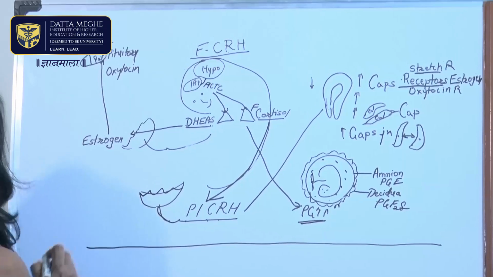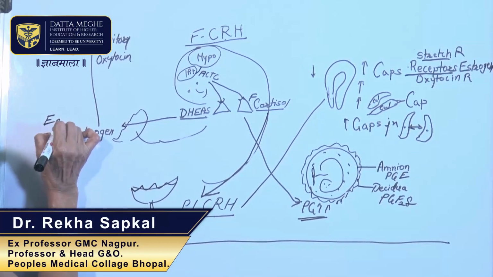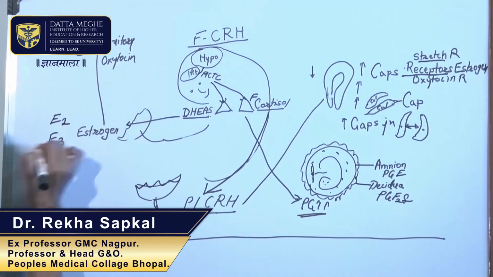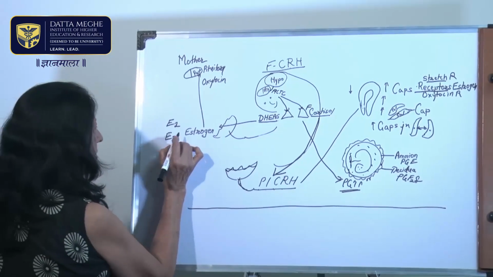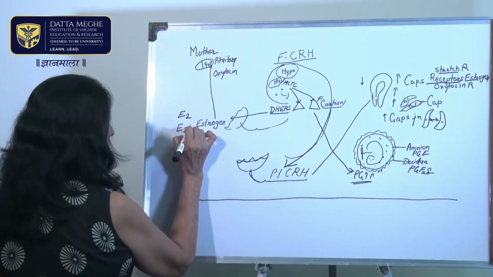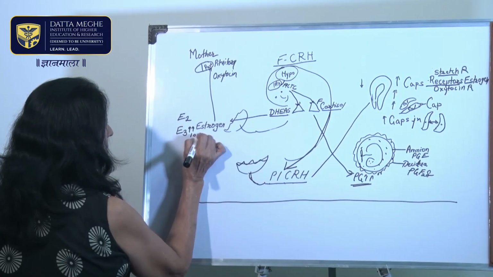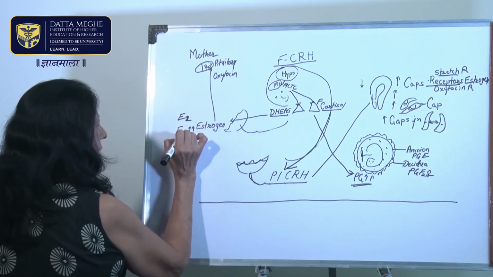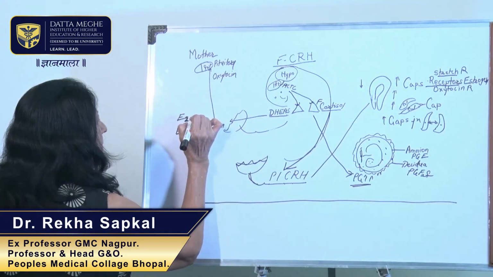So, there are two types of estrogens, E1 gets converted into E2 and E3. E3 hormone is the most specific hormone of pregnancy. The formation of this E3 is 1000 times, and this estradiol is E2, estriol is E3. E2 is the most common hormone of pregnancy.